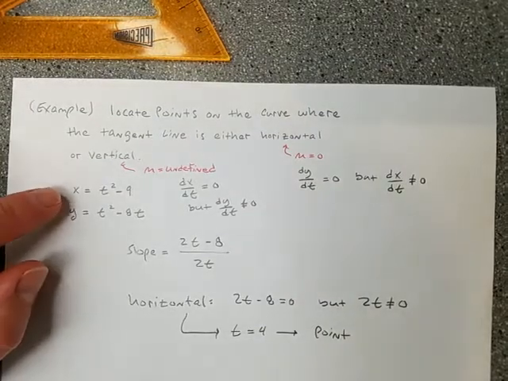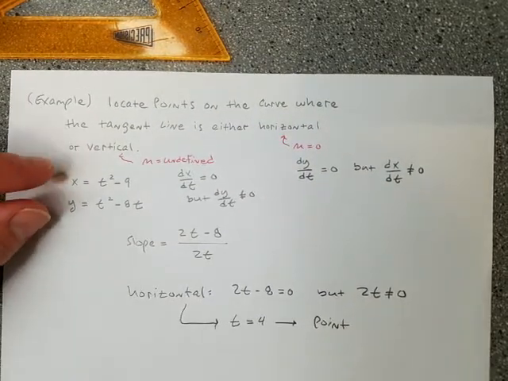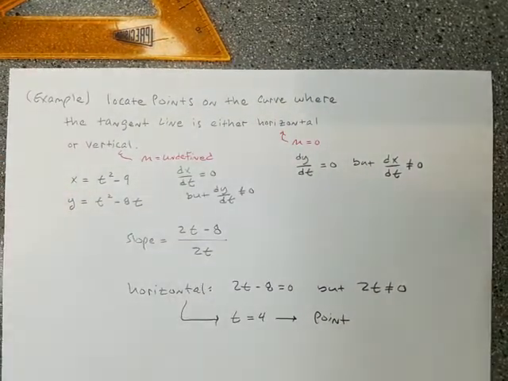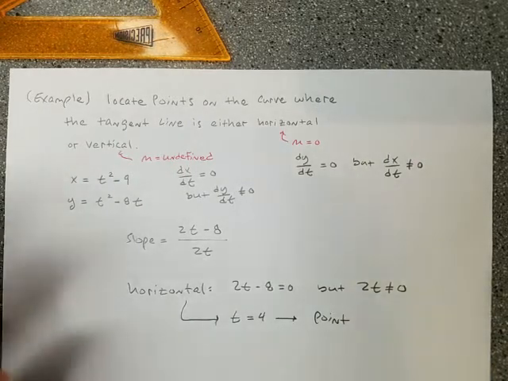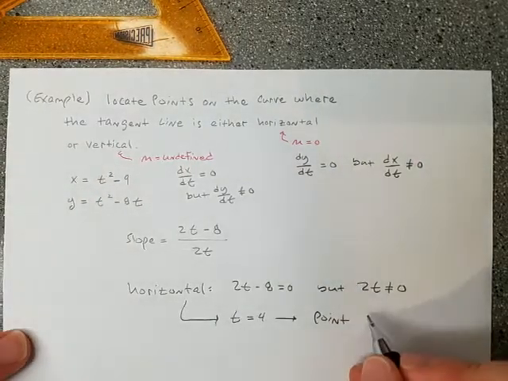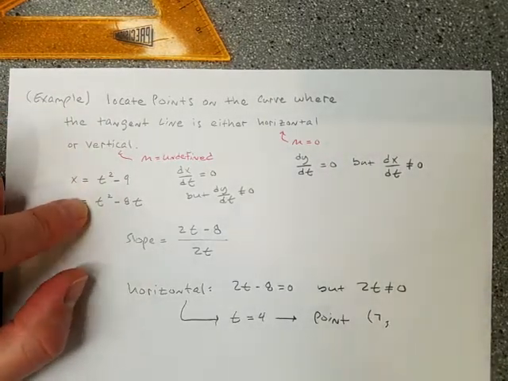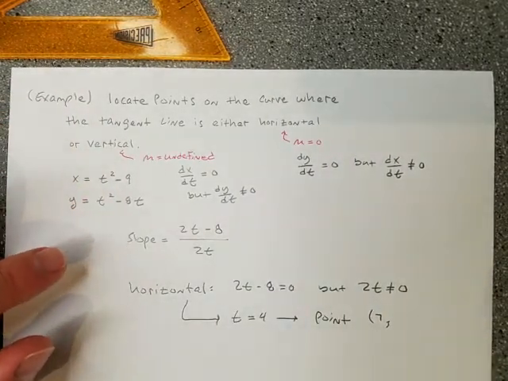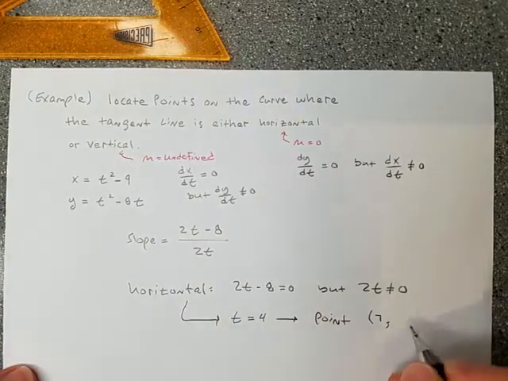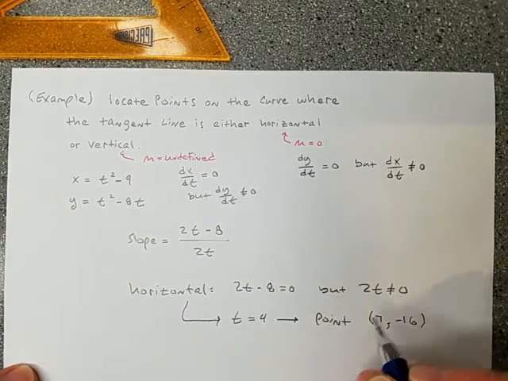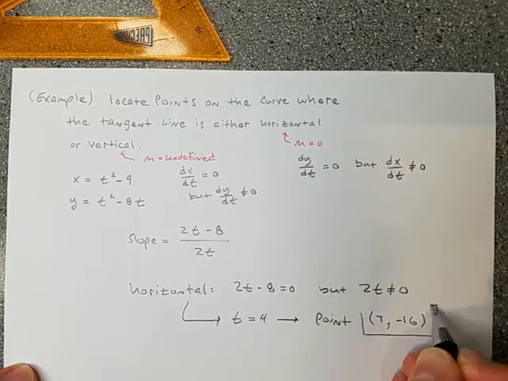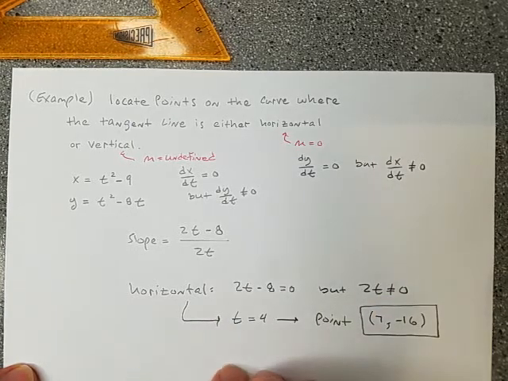The point I find from this, if t is 4, where am I? X and y coordinates. If I put in 16 minus 9, I'll get 7 for x. And then here, 16 minus 32, so I'll get negative 16 for y. So there's the point on the curve where it's flat or horizontal.